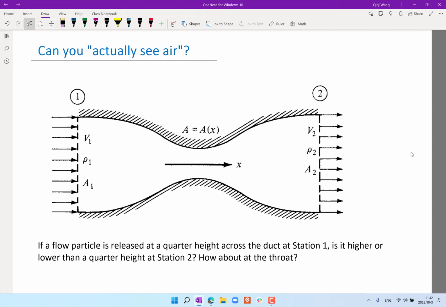Now the more difficult question: how about at the throat over here? Is it above a quarter or below a quarter height of this throat? Yes? No, anybody? At a quarter height, why?